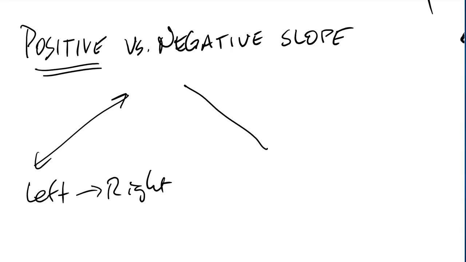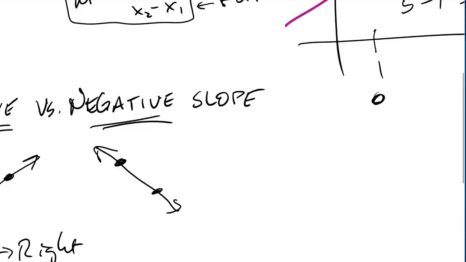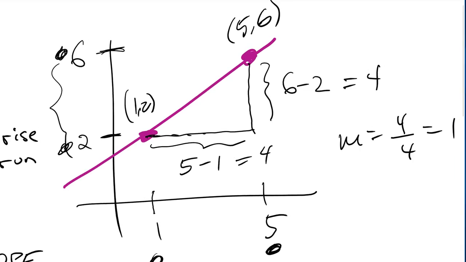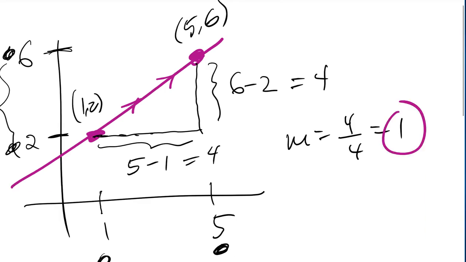And if it goes down as you go from left to right, it's negative. And whenever you do the slope formula, you'll see that these lines are positive and these lines are negative. We just did an example where, as you're walking up the line from left to right, we saw that the slope was positive.